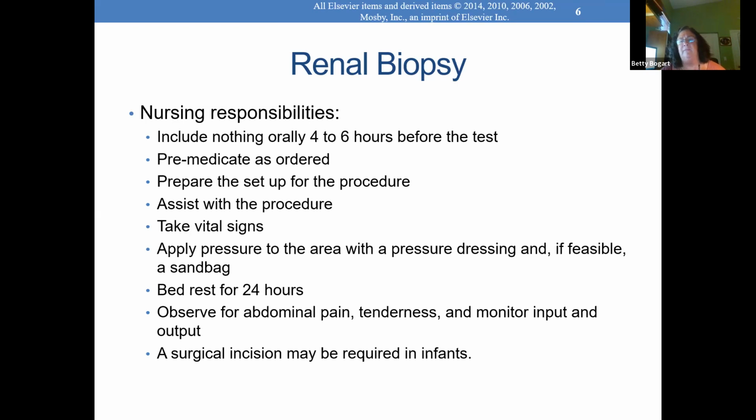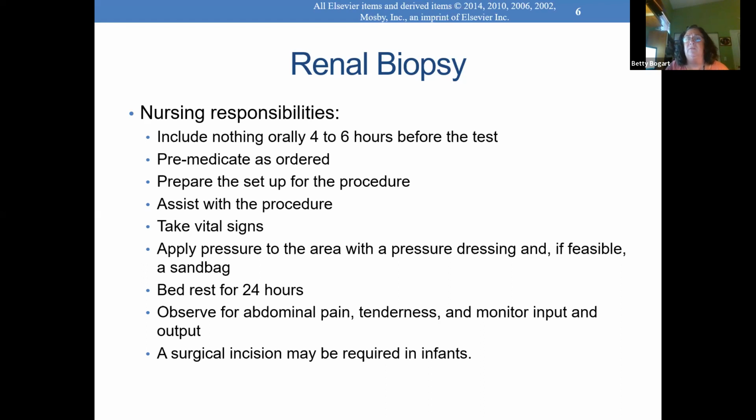They are given something for sedation or pain before to make sure that this uncomfortable feeling is going to be minimal for them. So when it is done, remember, we've stuck a needle through the skin in the back right into the kidney. So there can be some leaking from the kidney into the peritoneum, okay? Or it could come out and just be on the bed there.